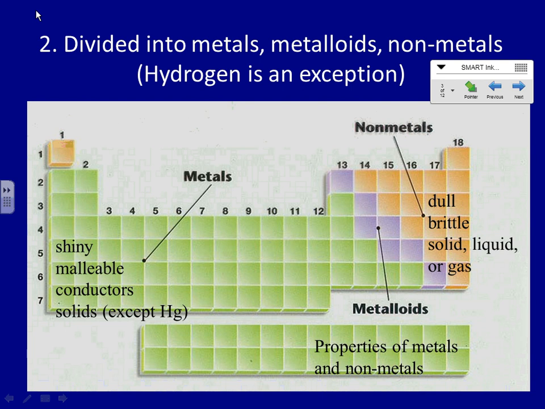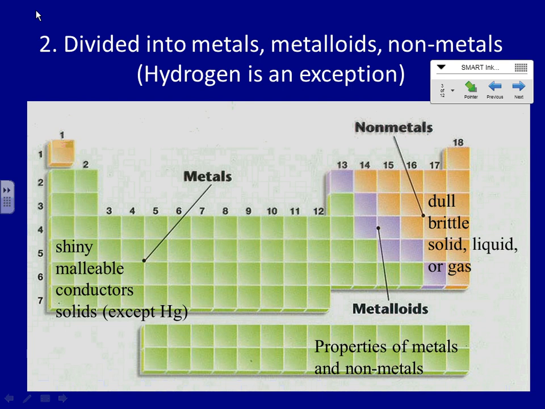But our metals are located on the lower left-hand side of the periodic table. Our non-metals are located in the upper right-hand side of the periodic table. And there's a very important stair-step line that runs along there that divides the metals from the non-metals. All right? And that stair-step line runs along boron.